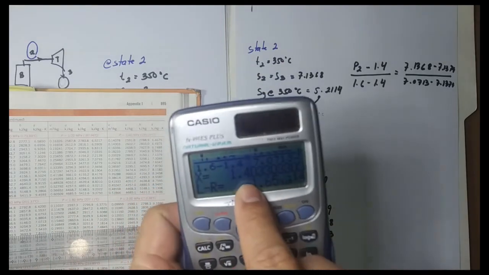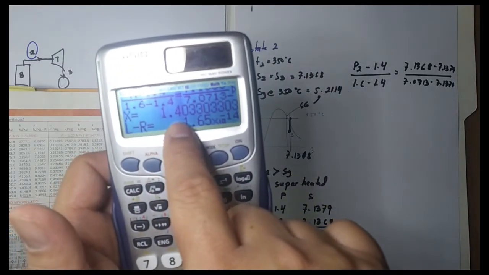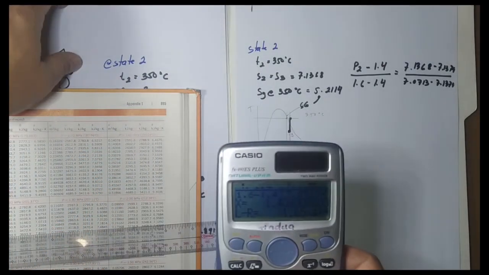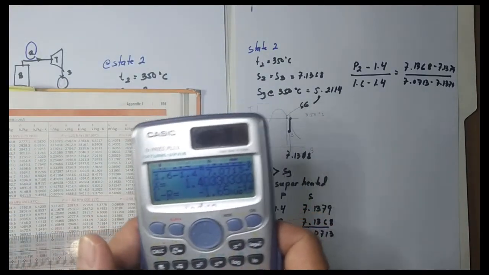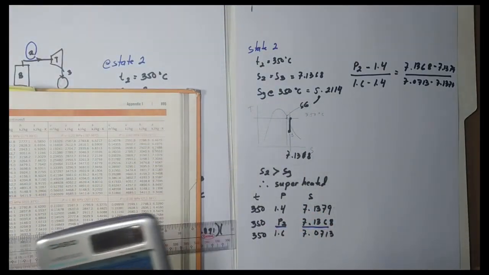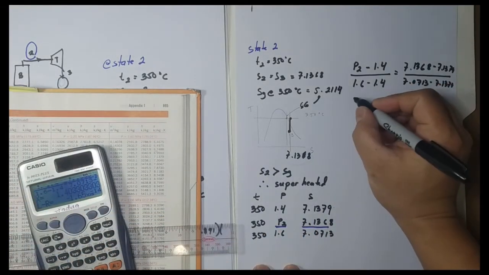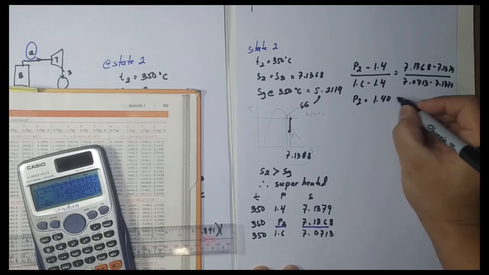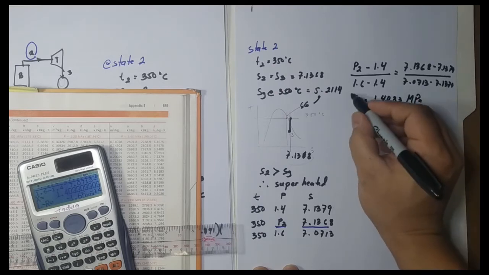Yan. Yun yung sagot. Hopefully, nakikita ninyo 1.4. Yung sagot natin ay 1.4. Kaya lang may decimal point tayo kasi hindi sakto. Kaya, sa klase natin, should be P2, it's 1.4033 megapascal. Yan yung sagot.